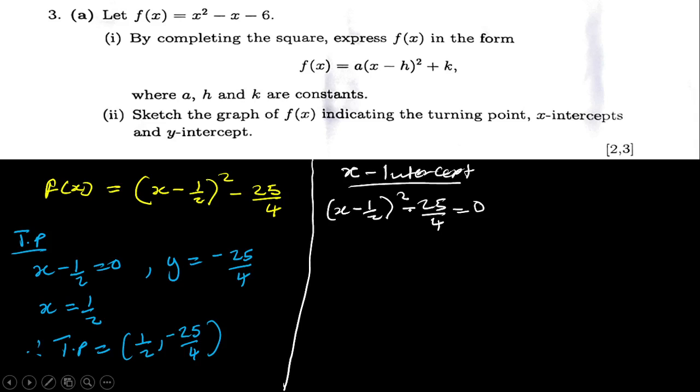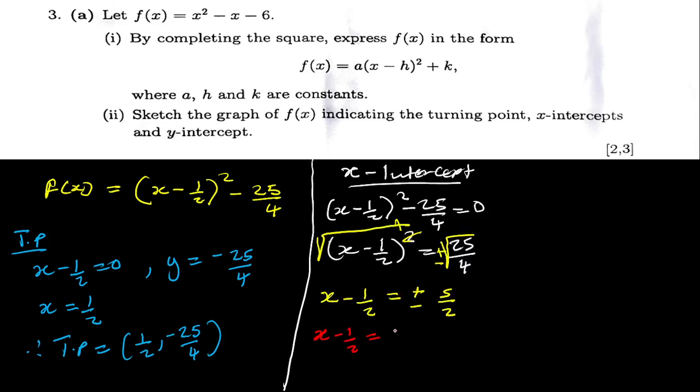So if I have these two guys, I can move further and make them independent. So this will be x minus 1 over 2 is equal to 5 over 2, or this can also be x minus 1 over 2 is equal to negative 5 over 2.